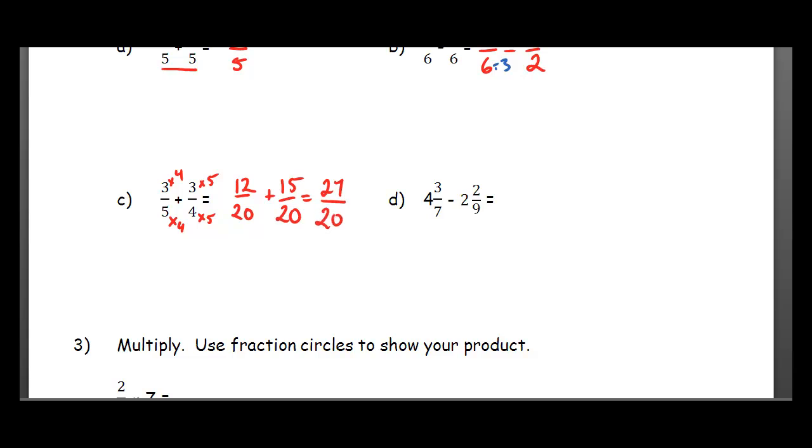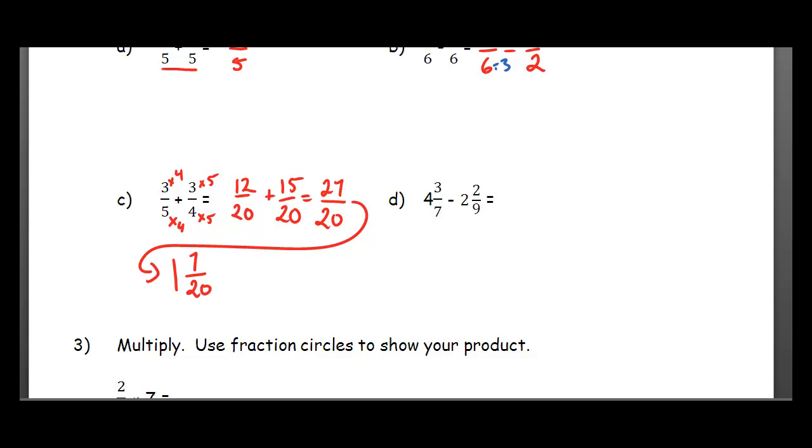And now to get this in simplest terms, I've got to find out how many times does 20 go into 27. And I'll just do this down here. 20 goes into 27 once. 1 times 20 is 20. And then I'm left with 7 left over. So my answer is 1 7/20.